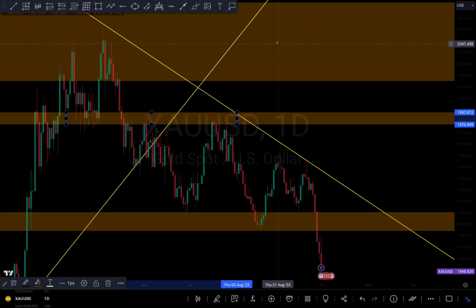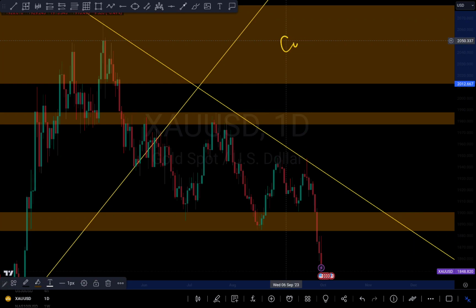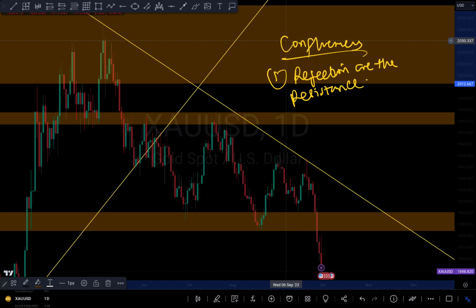So one confluence we are saying is the zone confluence: rejections around the resistance zone. So this is the resistance zone right here. Rejection around the resistance zone. That is the first confluence that we are seeing.